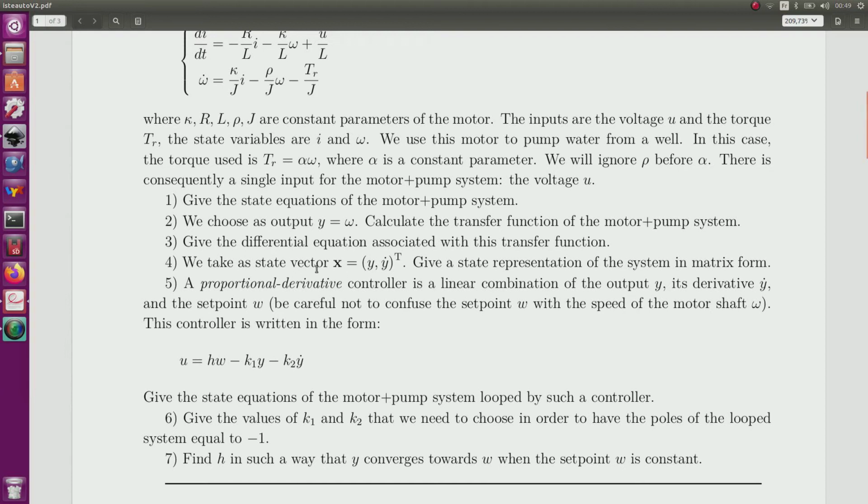Question number 4, we take y and y dot as a new state vector, and it will change the representation. This is what I will show now.